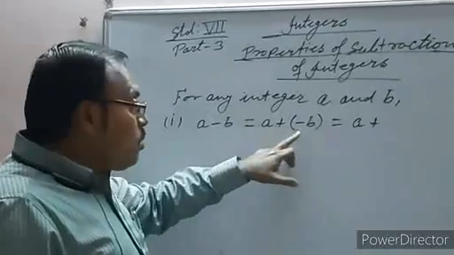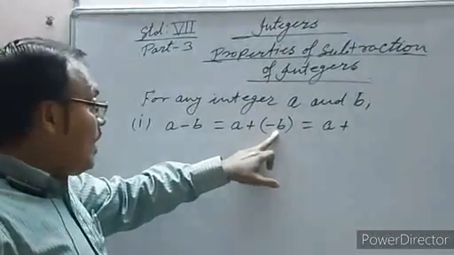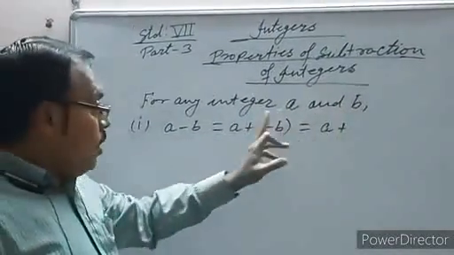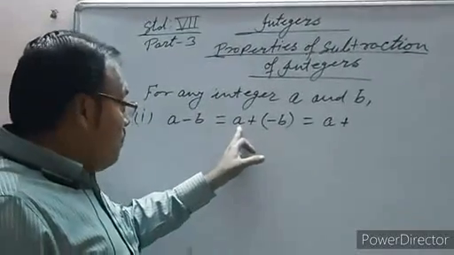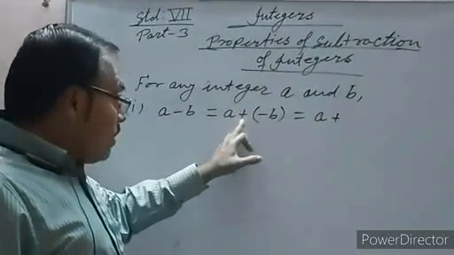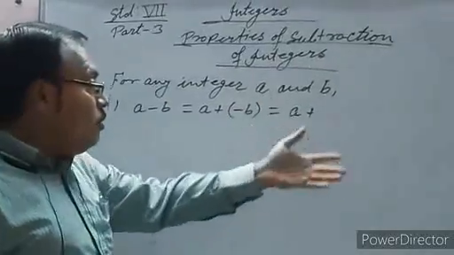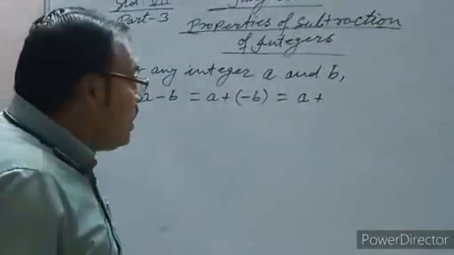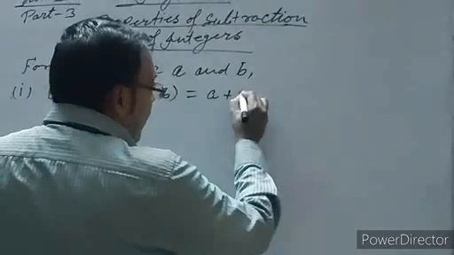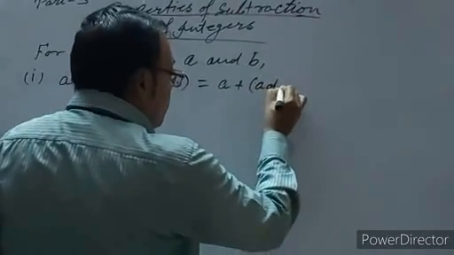So A plus minus B means we add the additive inverse of B. So A plus additive inverse of B.